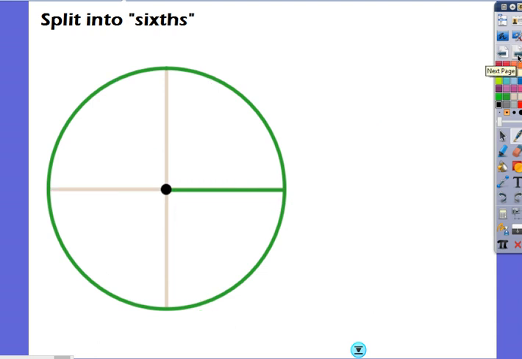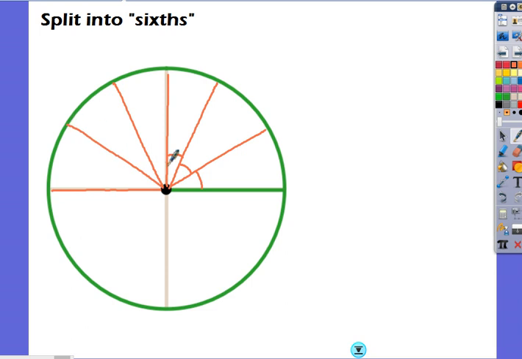And the last one that you're going to see pretty commonly is splitting into 6. So let's take the top half of the circle, so you're going to take each quadrant and split into thirds. 1, 2, 3, 4, 5, 6.